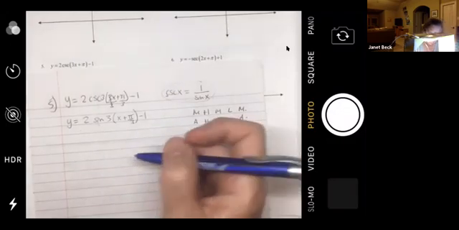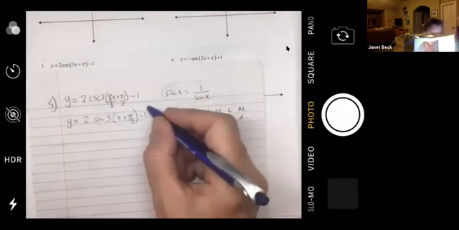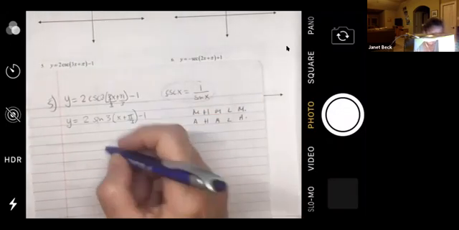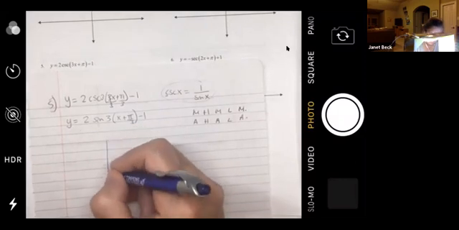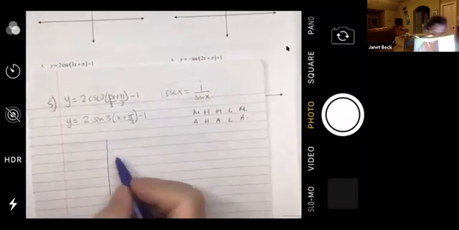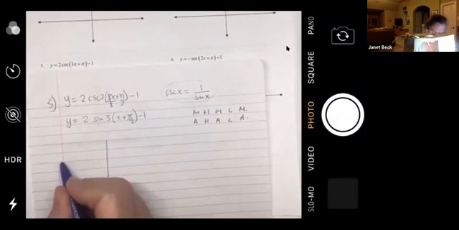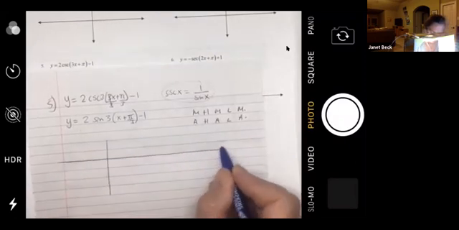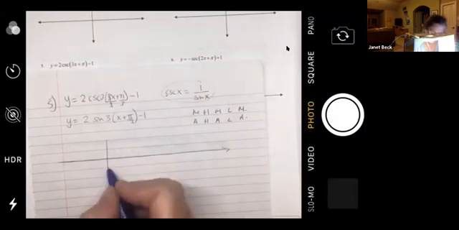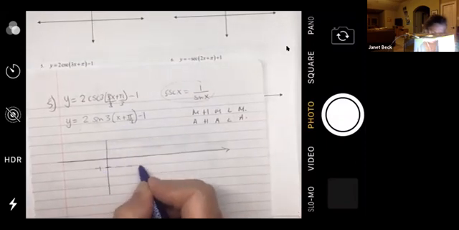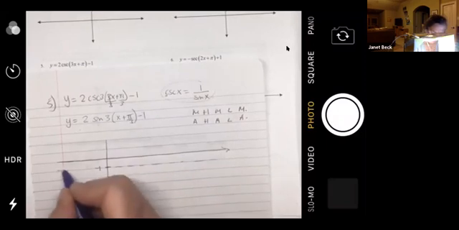Okay, so first thing to do is this: down 1 with an amplitude of 2. So down 1 at minus 1, that's going to be all my midpoints.